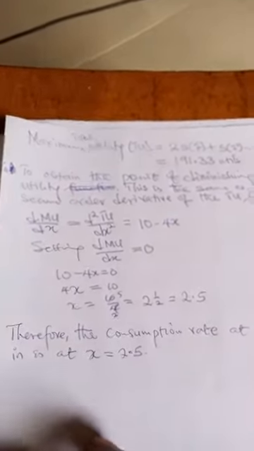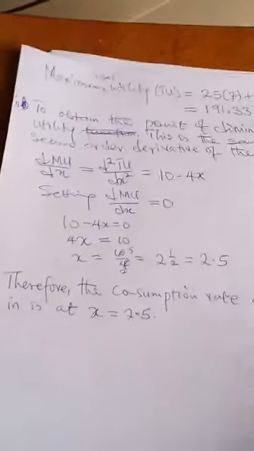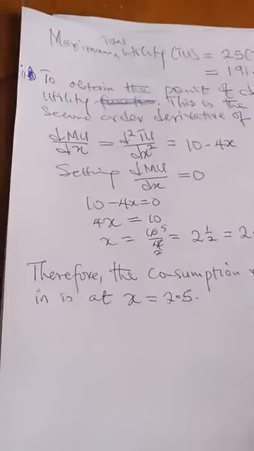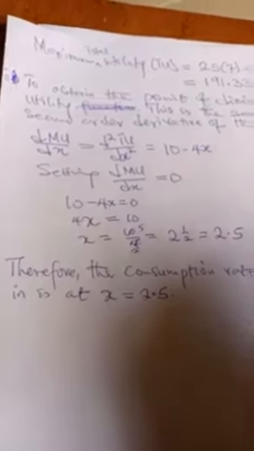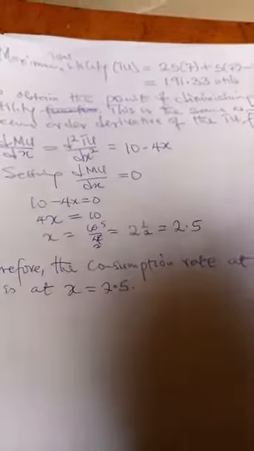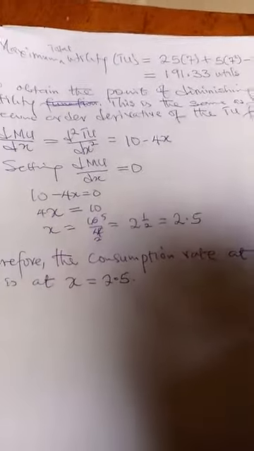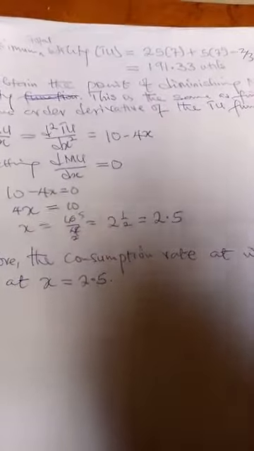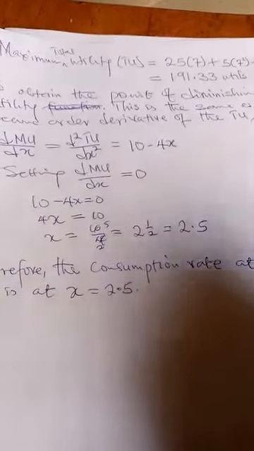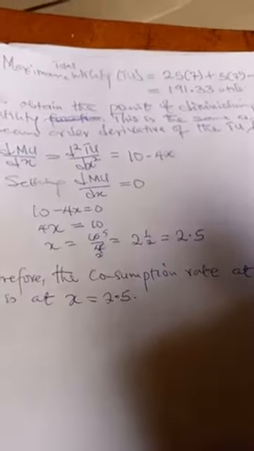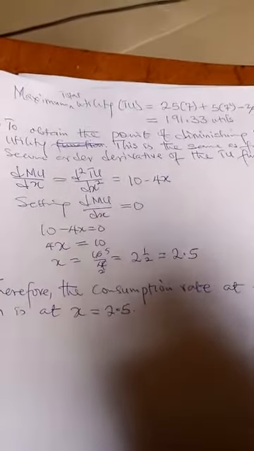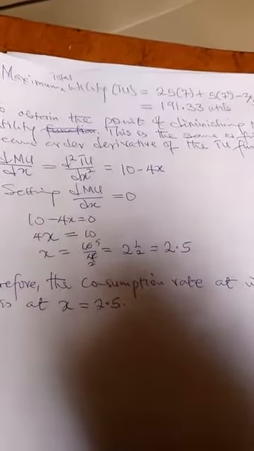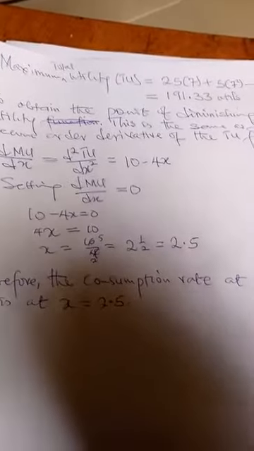Let me give you that as an assignment. I would like you to get the marginal utility at which diminishing marginal utility sets in. You do that by substituting into the marginal utility function. And you can also get the total utility at which diminishing marginal utility sets in.